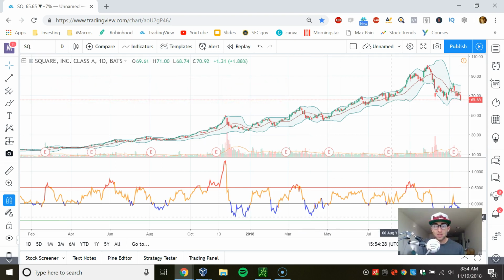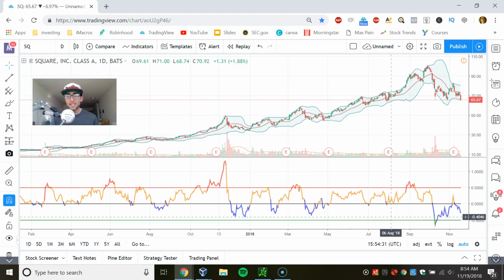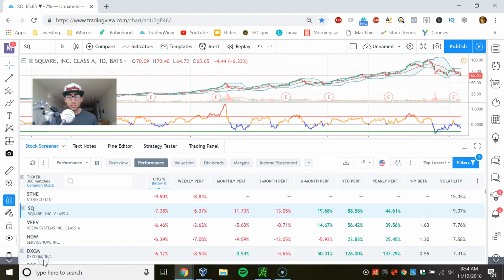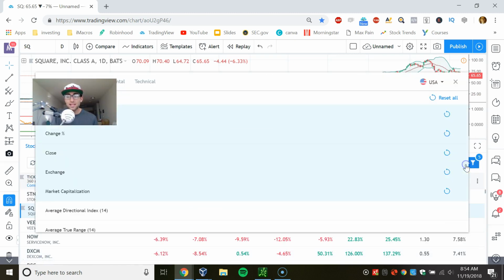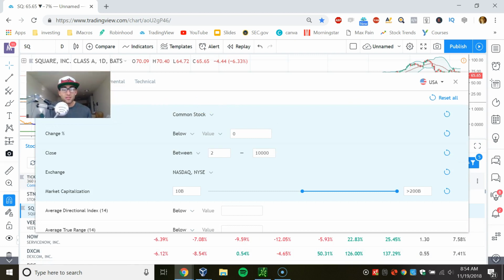This is one of my best tricks for finding stocks that are buys on the indicator. What we're going to do today is look for stocks that are floating within that buy signal zone. I go to the stock screener, and tradingview.com has a great one. All you have to do is apply these filters.